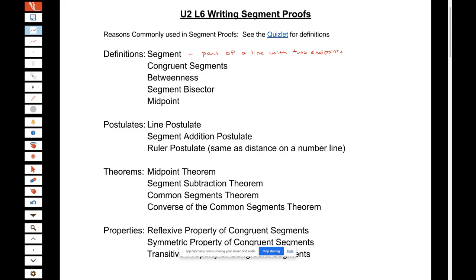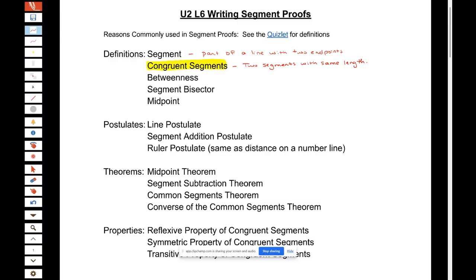Next, congruent segments. Congruent segments are two segments with the same length. We will use this a lot, so I'm going to highlight this one a whole bunch.